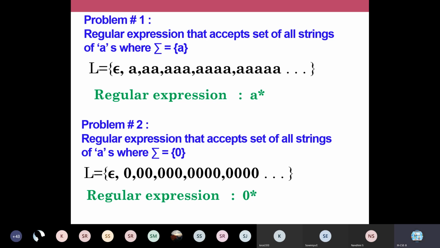Now to write the regular expression for this, we can write it as A star, because we just have repetition of A's. The closure operator can be used to define the repetition of symbols. So A star. By the side of this A star, write down that star denotes, so far I was telling you star denotes repetition, but actually you have to remember star is 0 or more occurrences.